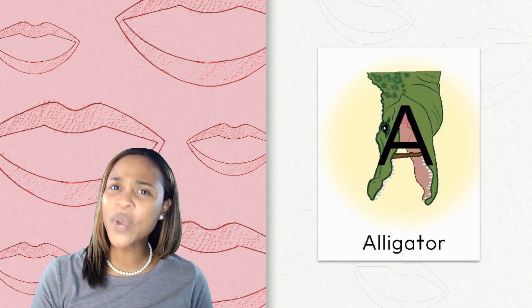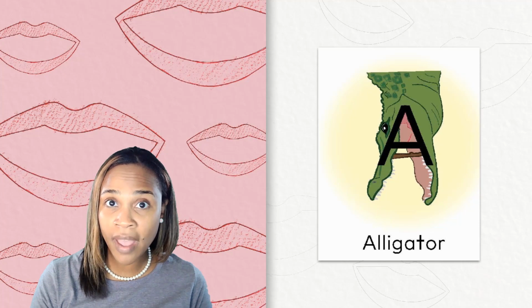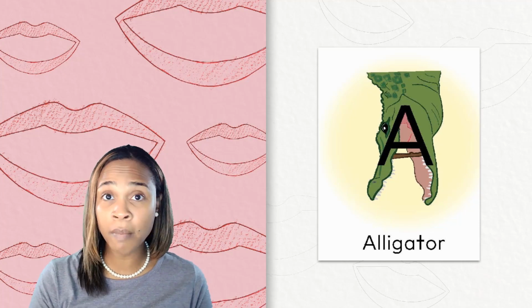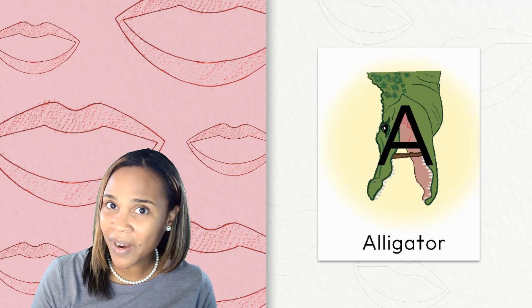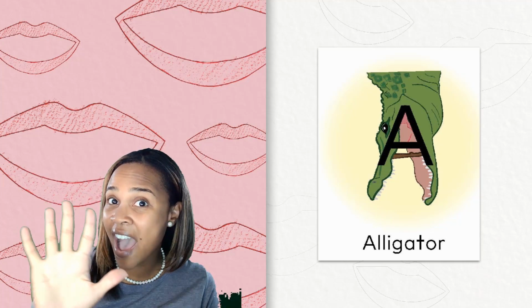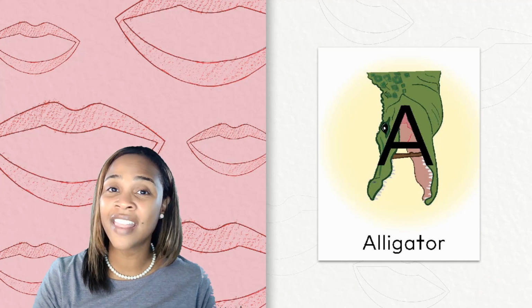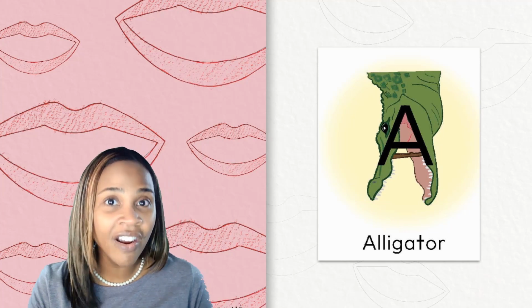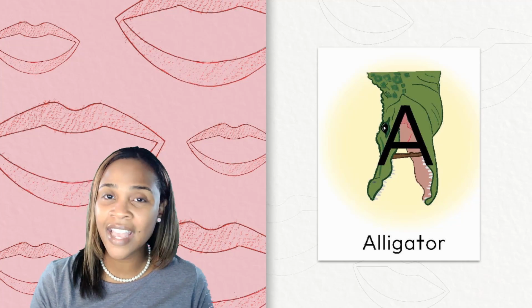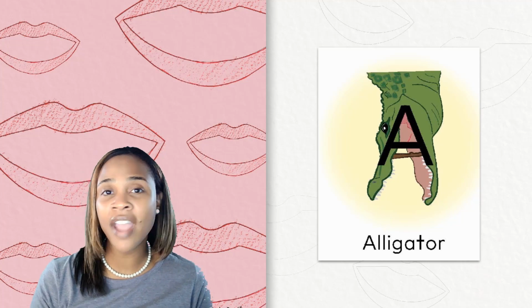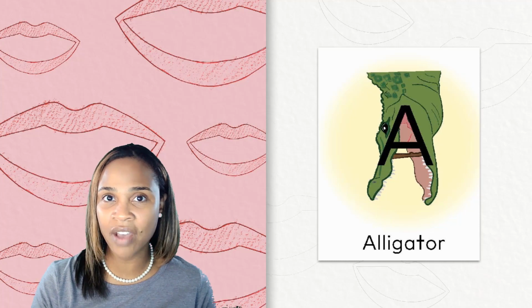Remember, there are 26 letters in the alphabet, and each one of them is important because they all make a sound. But remember, there are also 5 extra special letters that are in the alphabet, and they are called vowels. Remember, the letter A is a vowel, and the letter A makes the A sound.